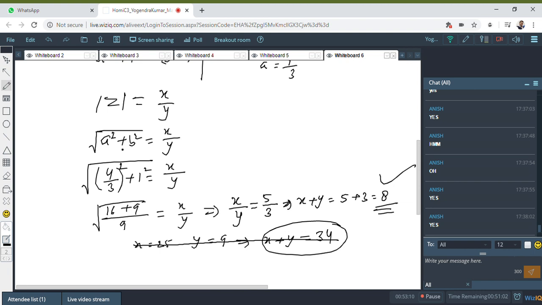I used to do these silly mistakes. Anish, you need to remember these kinds of mistakes and we need to avoid them. By practicing many questions, we need to make ourselves perfect, so that we'll not do these mistakes.